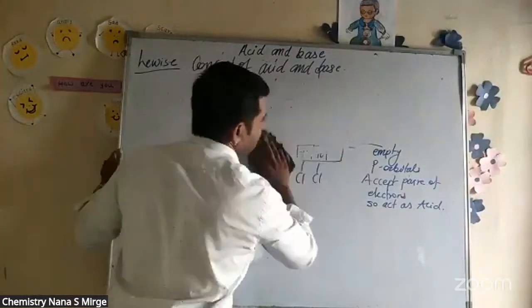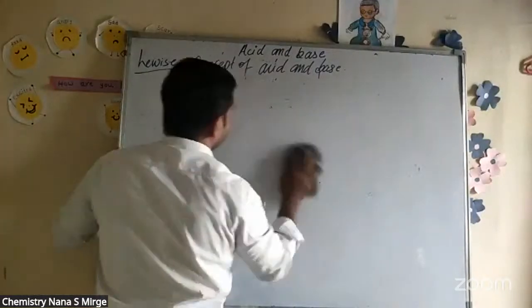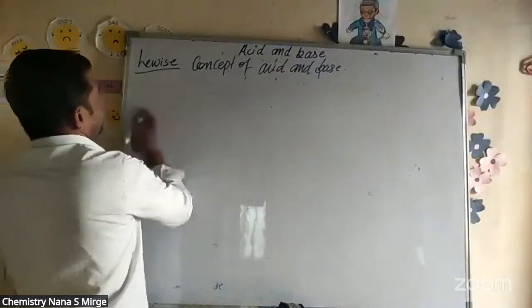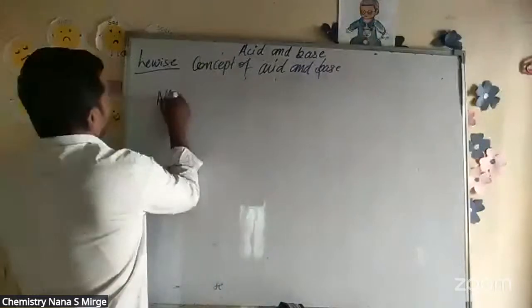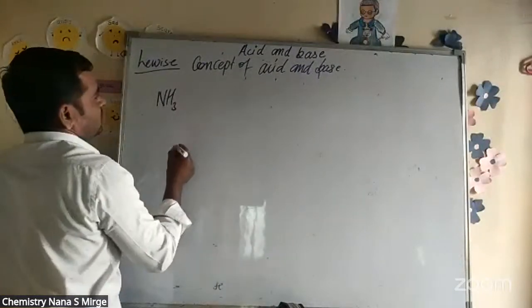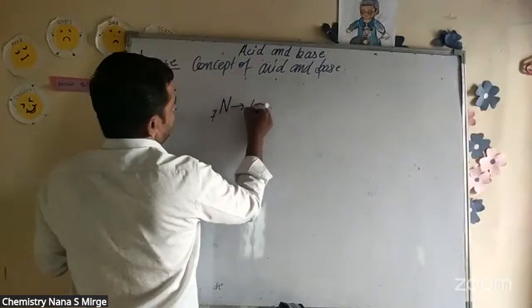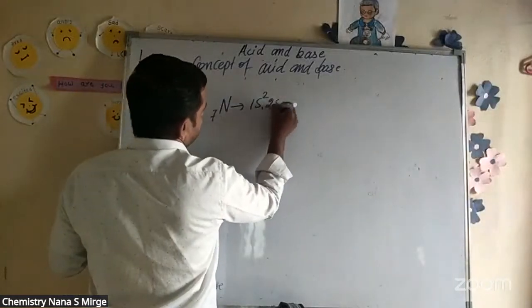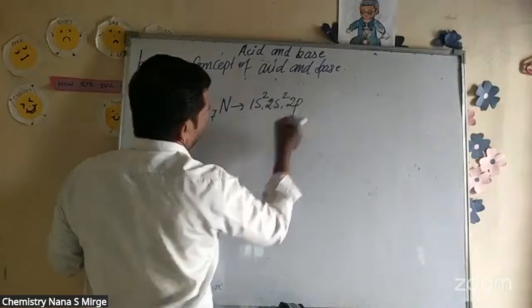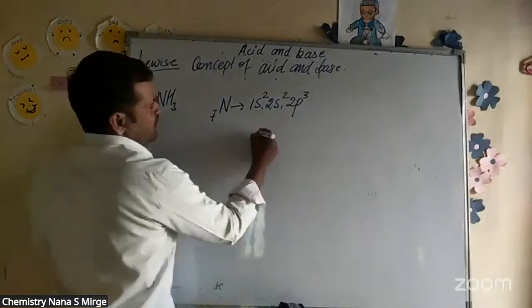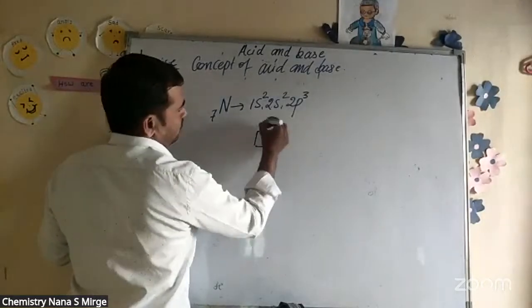Okay, now see, Lewis acid is done, now the Lewis base. We will call NH3 a Lewis base. Look at this example, NH3. The nitrogen atom has atomic number 7, so its electronic configuration is 1s2, 2s2, 2p3. That makes 7 electrons. The 2s orbital has 2 electrons, and the 2p orbital has 3 electrons.